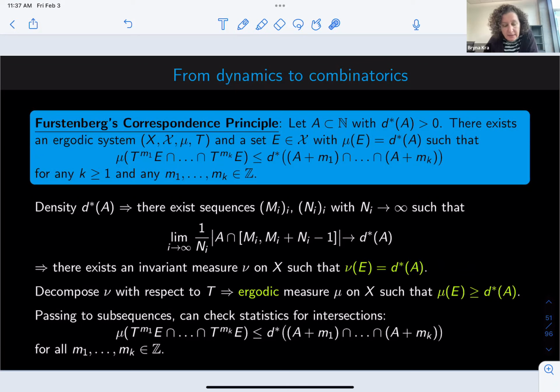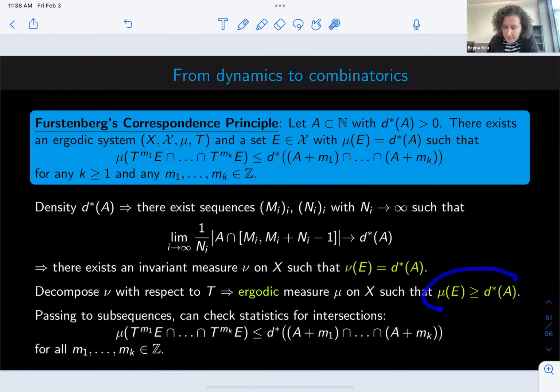And now I said in the theorem, I wanted to make the reduction that this measure was ergodic. Well, you can use ergodic decomposition. Okay, and if you're not familiar with this, it's okay. This will come back later, I'm sure, when you're reading things. You can decompose the measure that we found here, this one particular measure, and you get some ergodic measure, which we'll call mu.